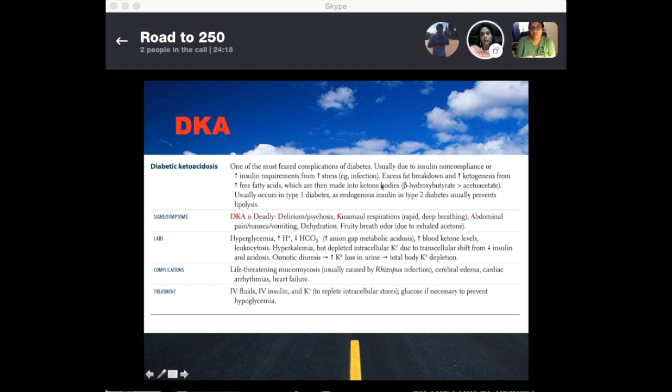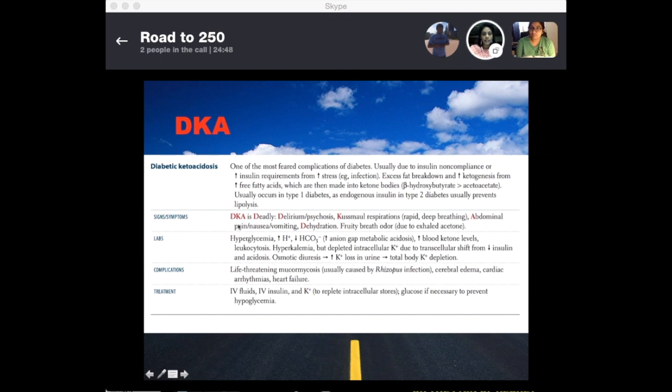The ketone bodies take precedence in the form of beta hydroxybutyrate, also characteristic in terms of symptoms as acetone breath in these patients. It usually occurs in type 1 diabetics, as endogenous insulin in type 2 diabetics usually prevents lipolysis. So it's more commonly seen in type 1.